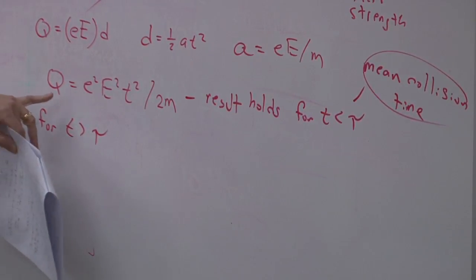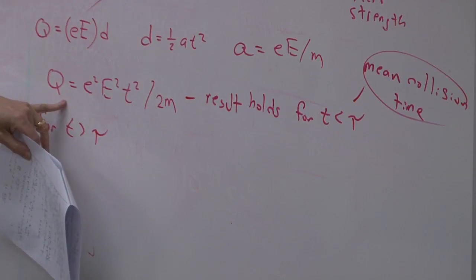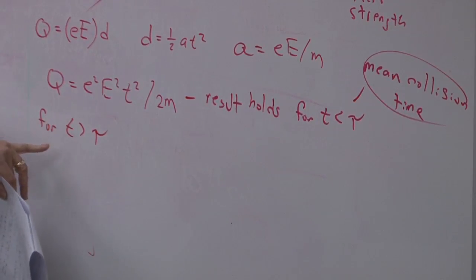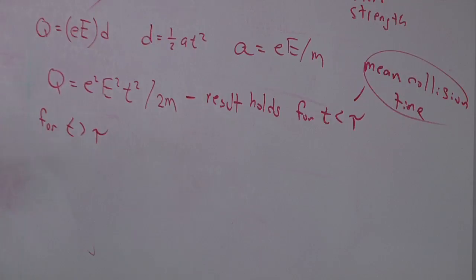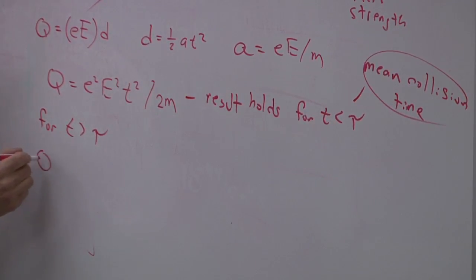But how do we determine the energy that the electron will acquire over longer time periods, which are the ones we actually probably care about?